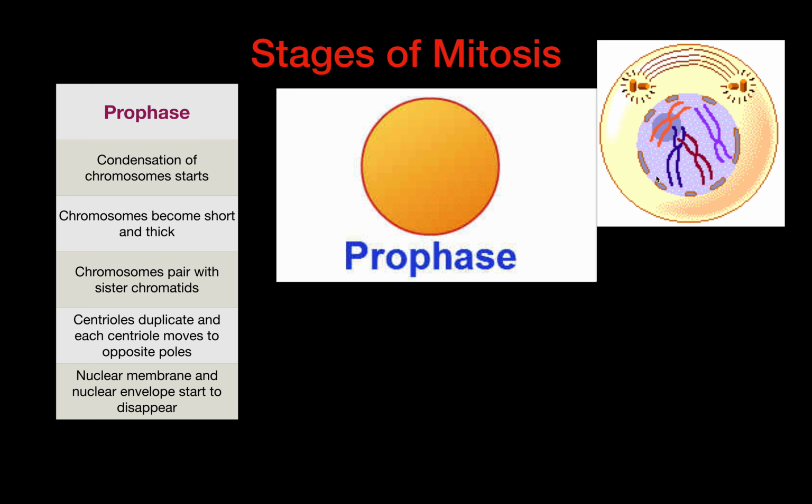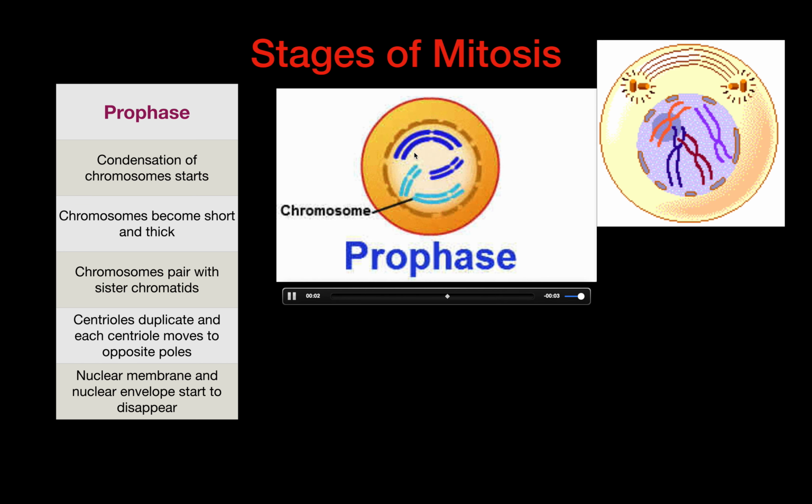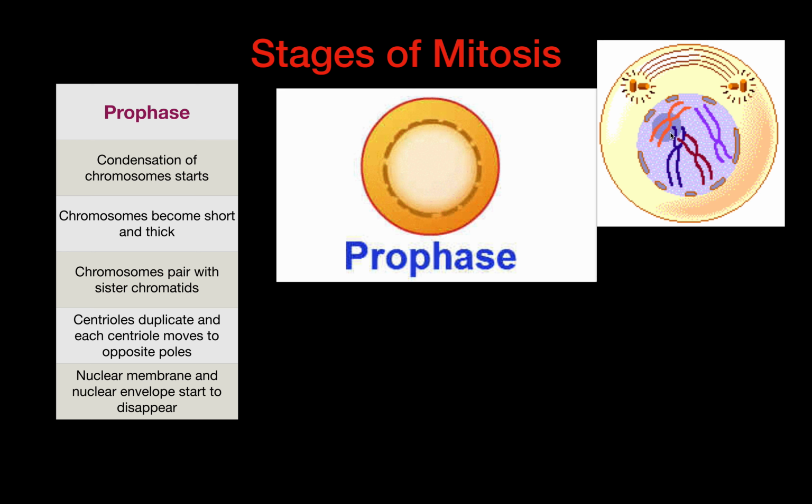They will start to pair with the sister chromatids. Also, the centriole will duplicate and each centriole will start moving towards the opposite pole. The nuclear membrane, the outer covering of the nucleus, and also the nucleolus will start to disappear in prophase.